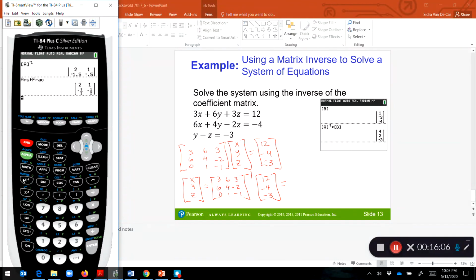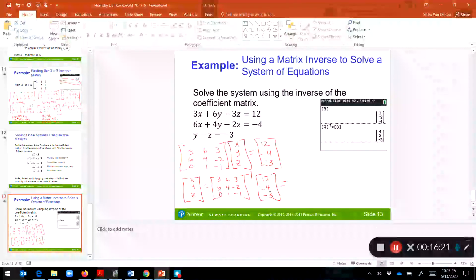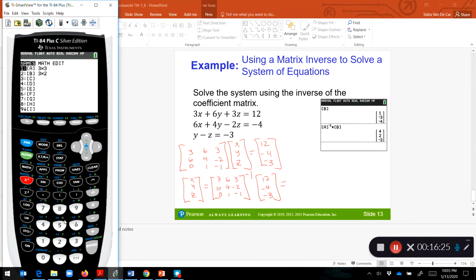All right, now let's quit out of there. Second matrix, and I can either invert A and write it here and do it by hand, or I can make vector B this matrix here. Go into edit B. Edit, there we go, B. And this would be a 3 by 1.